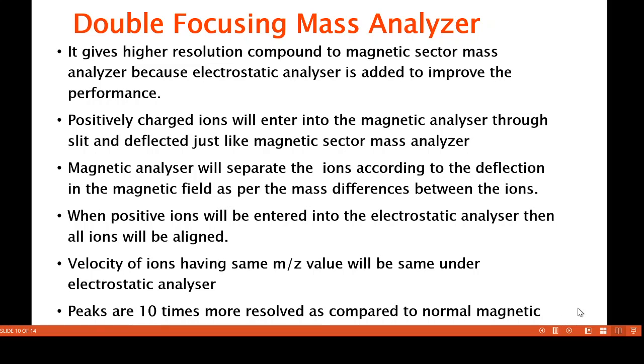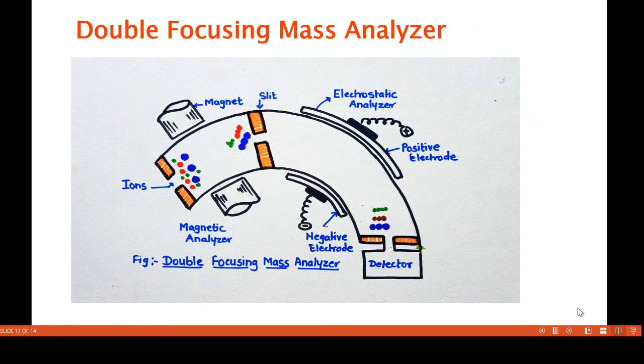Okay, then we see the figure for this double focusing analyzer. Here this is a magnetic analyzer, this one is an electrostatic analyzer. That means here we apply a magnetic field, here we apply an electrostatic field.